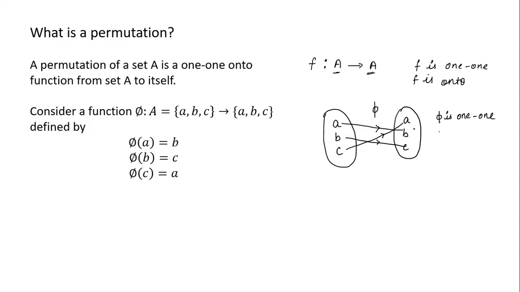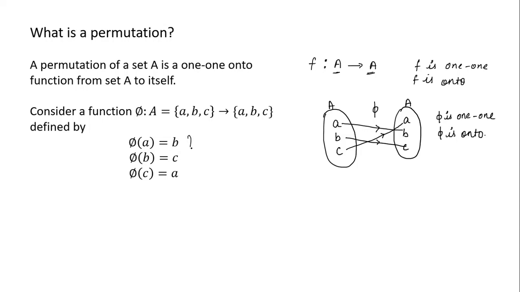And clearly for every element in the codomain there exists some element in the domain such that phi of that element is equal to that element of the codomain. So phi is onto also, and therefore phi is a permutation, a 1-1 onto function from set A to itself.